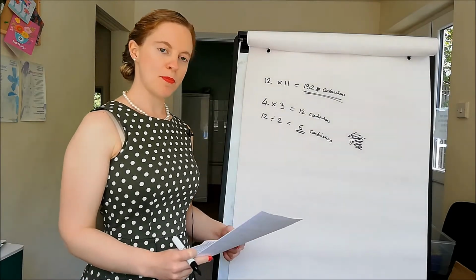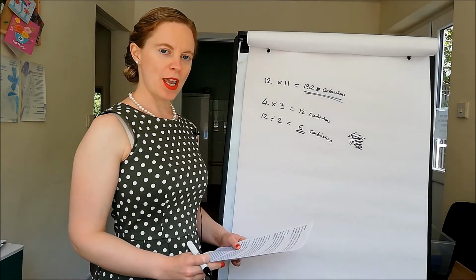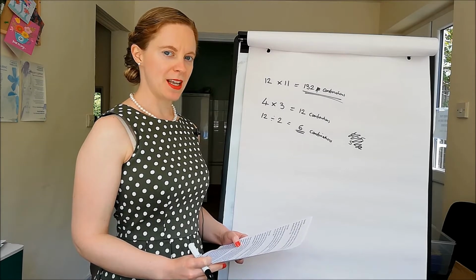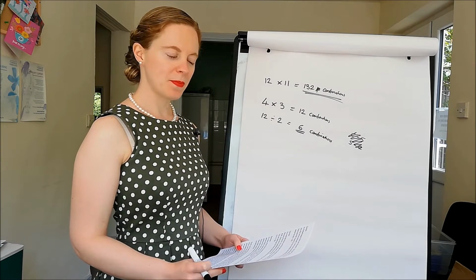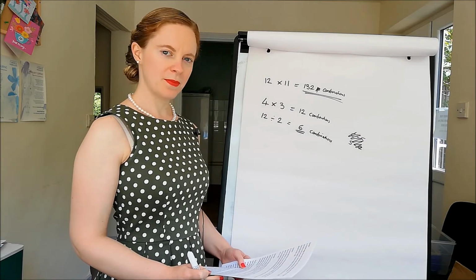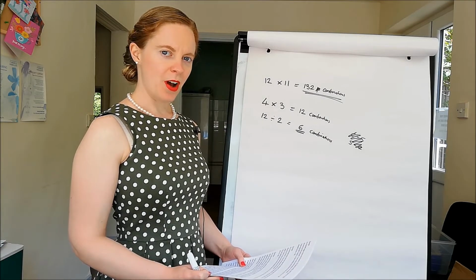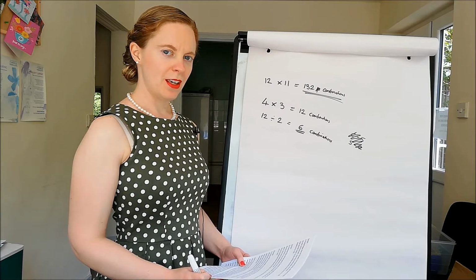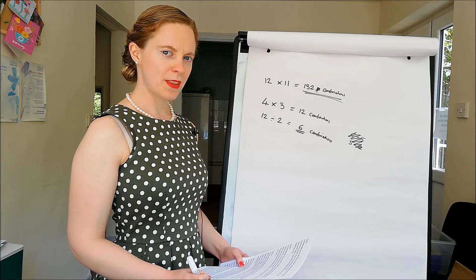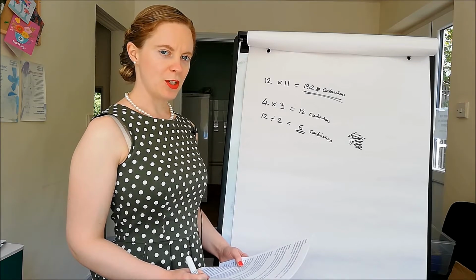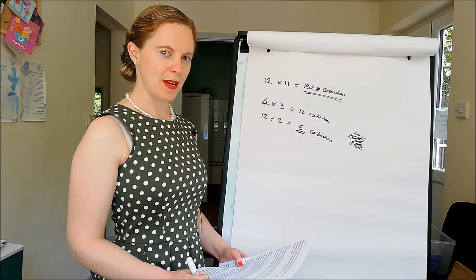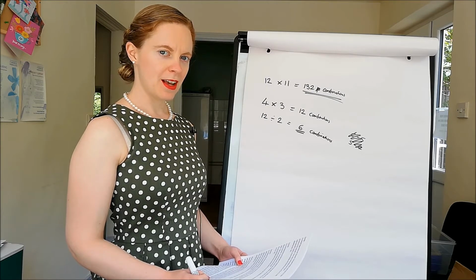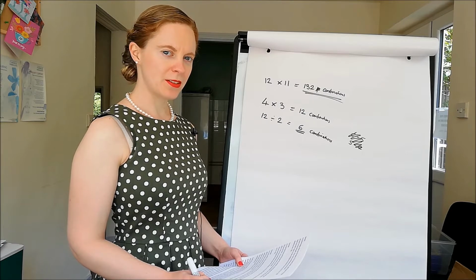Let's have another example. So I'll put e.g. in a football league, there are 16 teams. On Easter Sunday, each team is to play one other team at the local park.